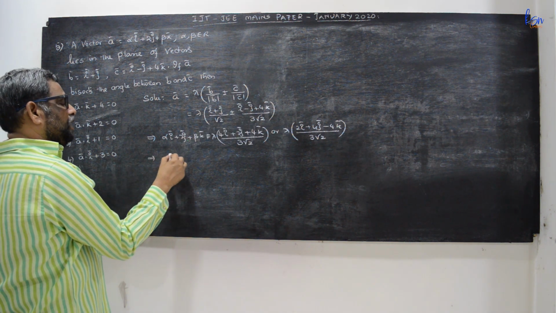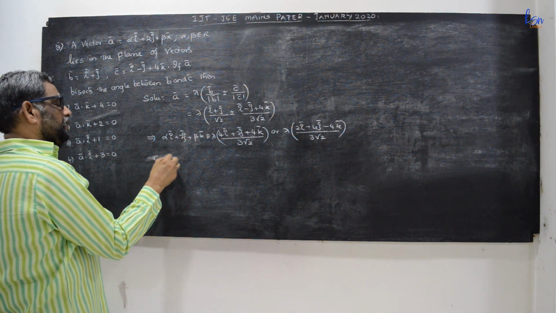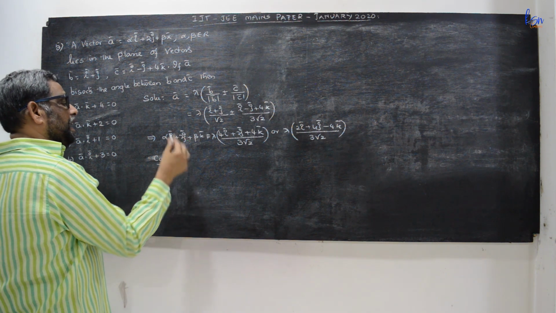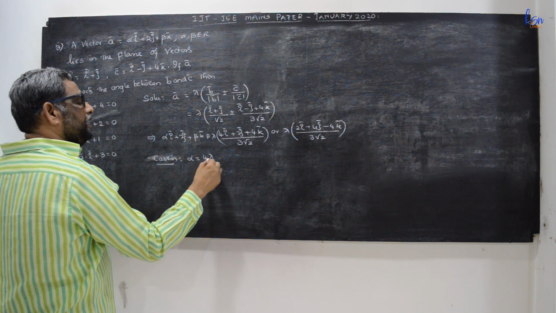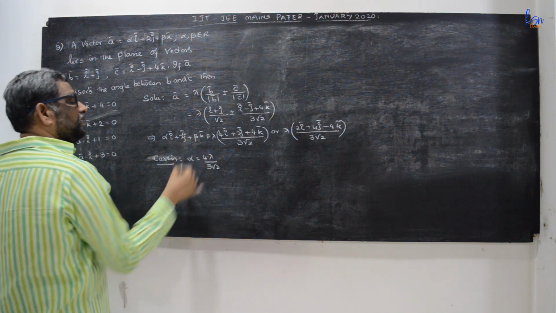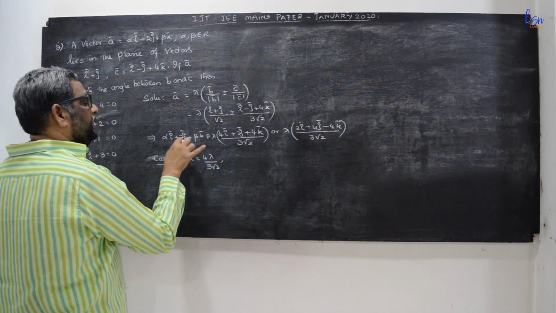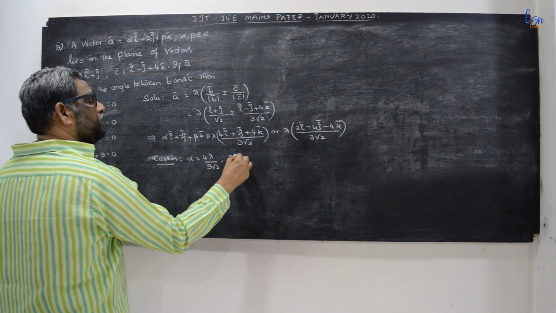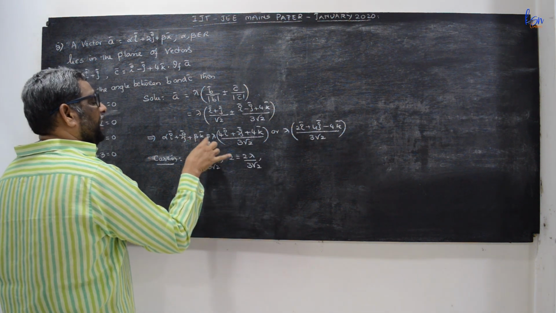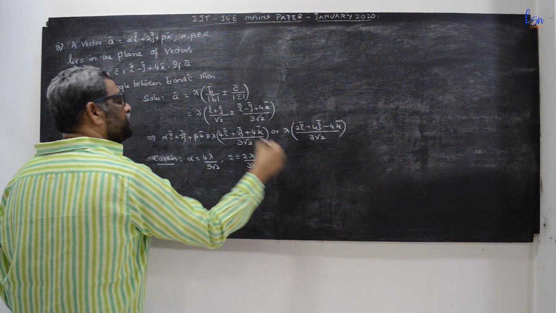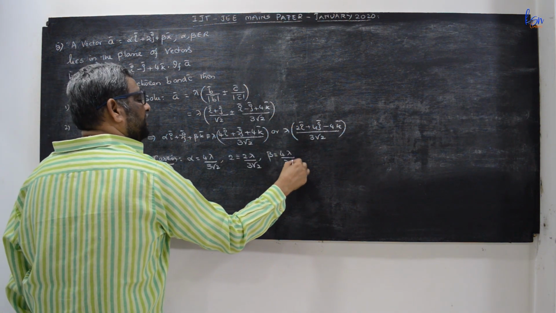So lambda alpha is equal to, case 1: you can consider alpha equal to 4 lambda by 3 root 2, and this 2 is equal to 2 lambda by 3 root 2, and beta is equal to 4 lambda by 3 root 2.